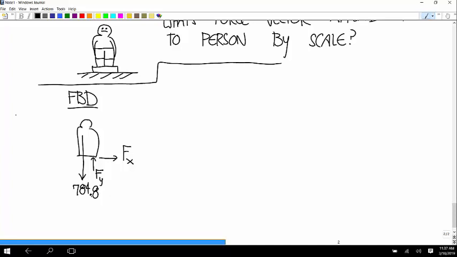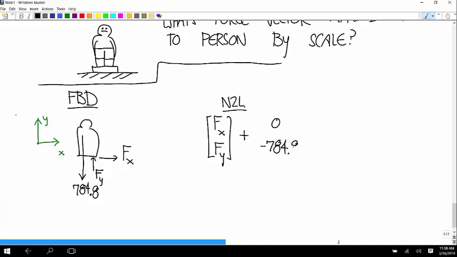And now we can use Newton's second law. So you can think of this as Fx. These are 2 different forces, but I'll just write them as a single force with those 2 components, plus, if we're using our usual coordinate system, this downward force would be 0, negative 784.8.